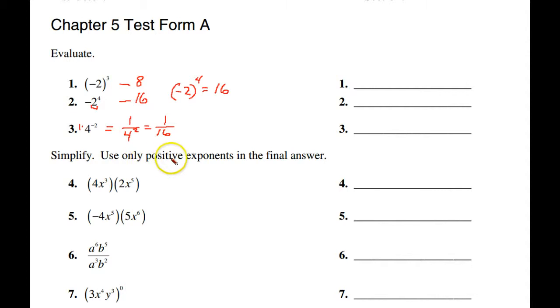Okay, and here we only want positive exponents in our final answer, so no negative exponents. We're going to multiply the numbers. That'll give us an 8. And when we're multiplying variables with the same base and exponents, we just add the exponents.